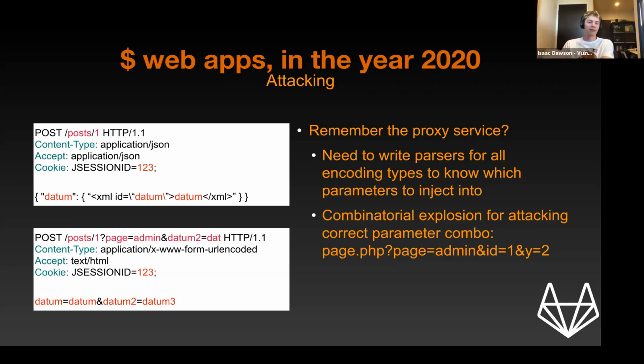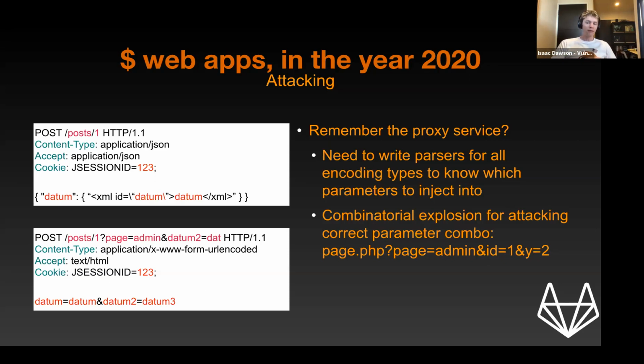So you could have XML inside of JSON, which you need to parse and treat differently. And as you're attacking that, you need to know how to re-encode that. You need to know where your attack goes in and fits in between those two types of data formats. So yeah, it's a lot of work to write parsers for all these different types of formats and ways that you can inject into a particular HTTP request.